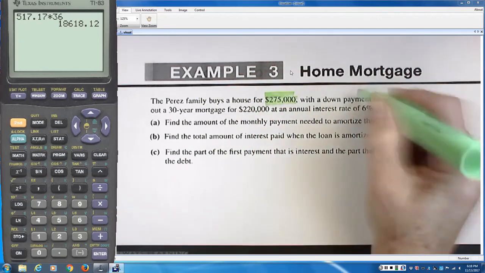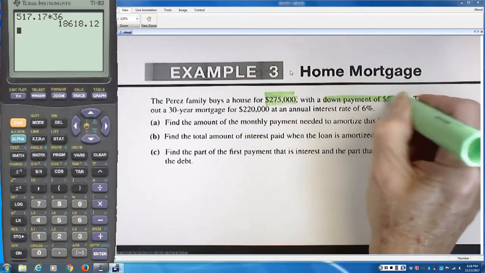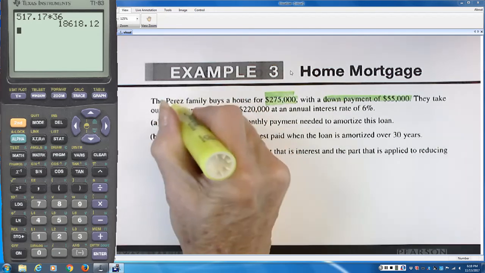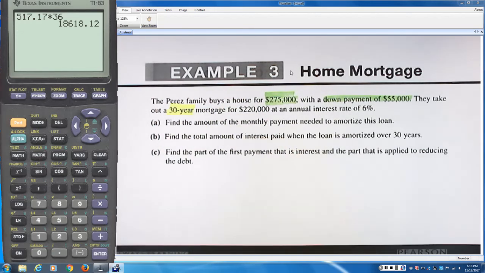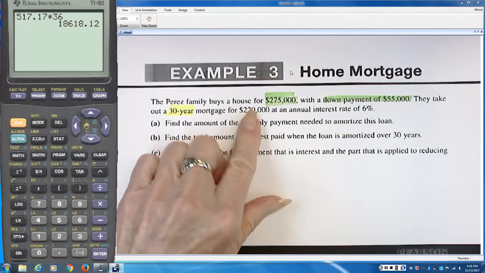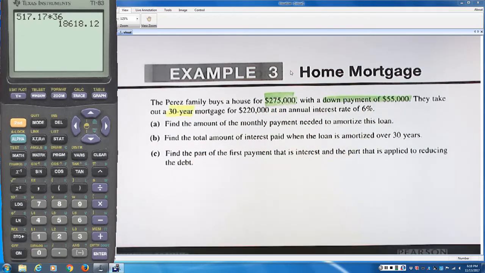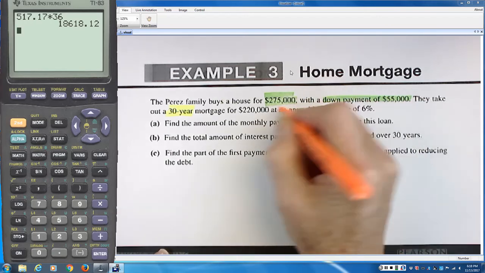But they make a down payment of $55,000. They take out a 30-year mortgage for the $220,000, which is your $275,000 minus your $55,000, and the annual interest rate is 6%.